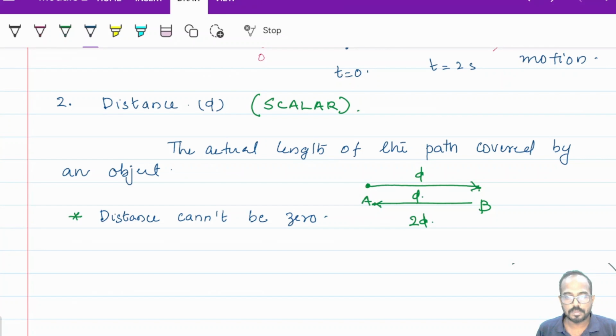And one more thing is that since there is no direction, you don't need to take the sign, towards right positive, towards left negative. You don't need to take any sign for that. So it will get added up only. So it can't be negative also. Distance can't be negative.